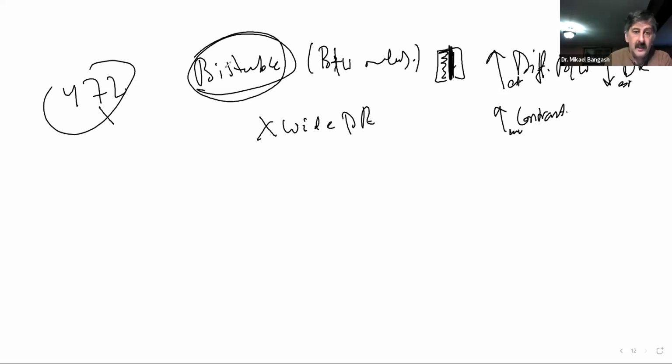So what we consider as being bistable means it only has black and white, the narrowest dynamic range, the greatest contrast, but not the wide dynamic range. Did you guys get that?